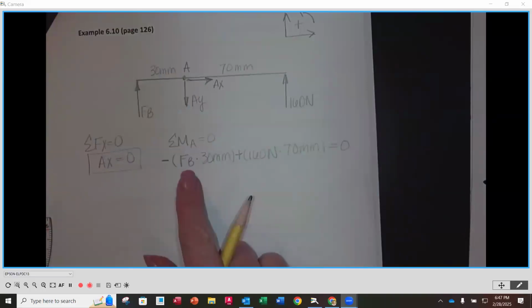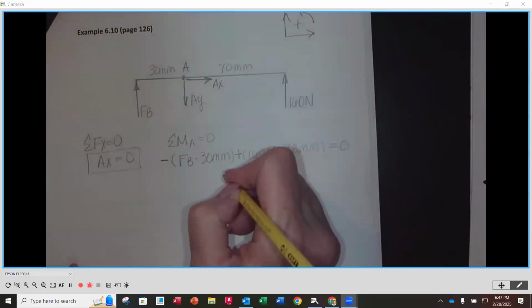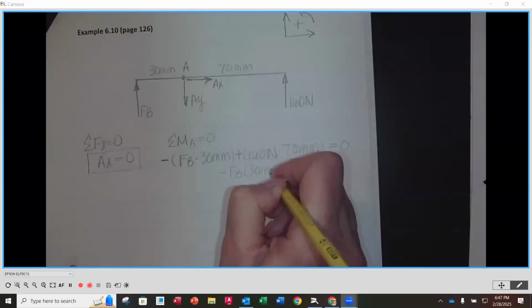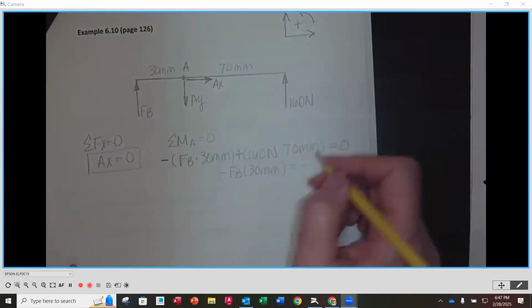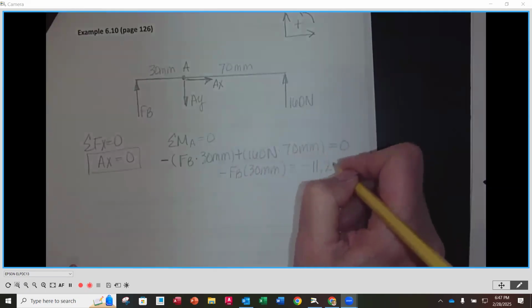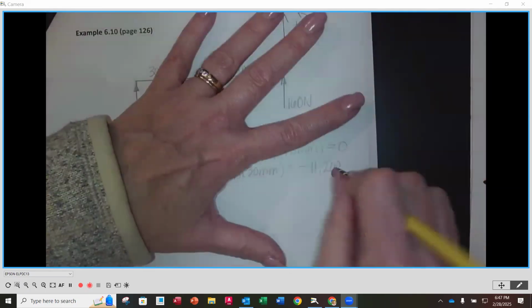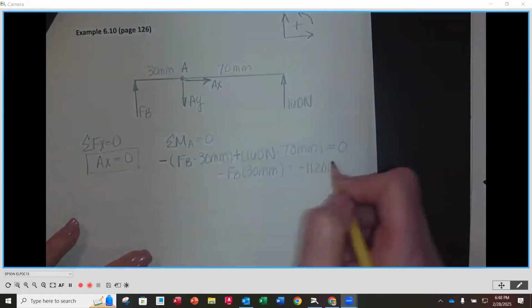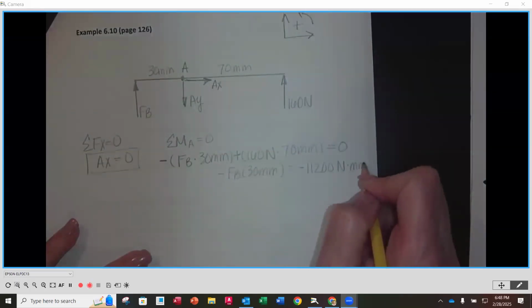All right, so now my only unknown here is my FB. So I'm going to take my 160 times 70 and put it to the other side. So I'm going to have negative FB times 30 millimeters equal to negative 11,200 newton millimeters.